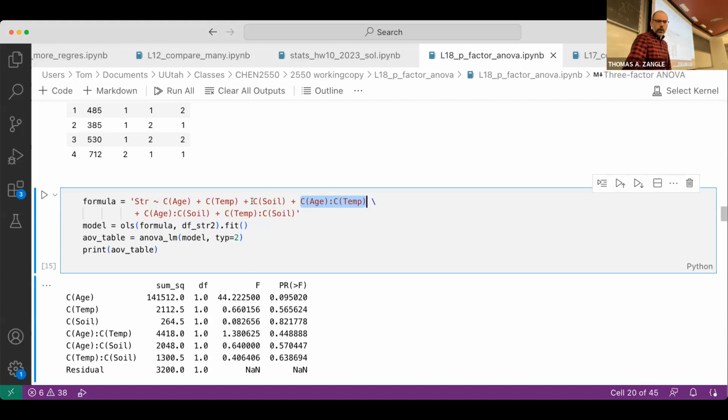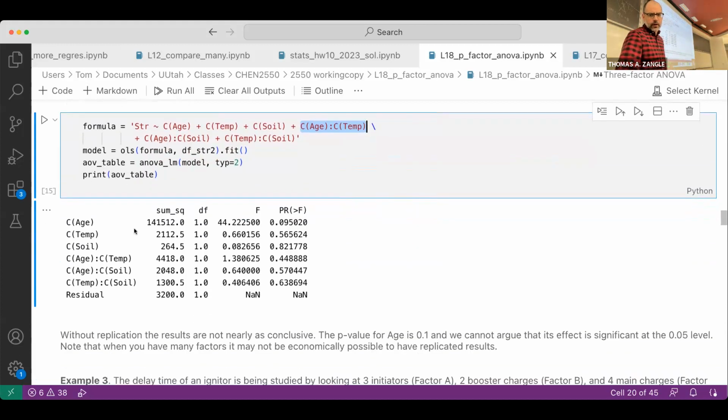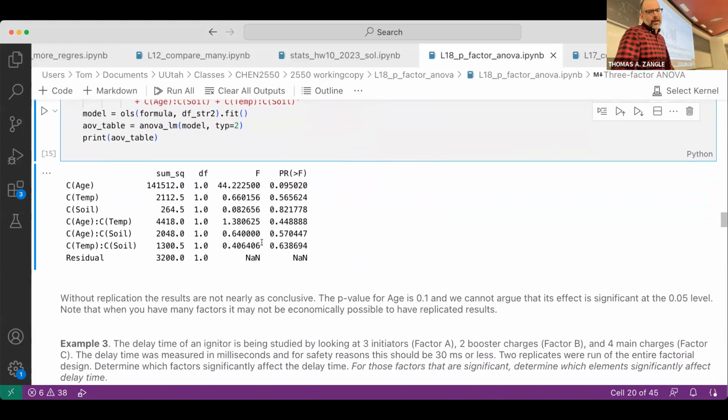And so when we run this ANOVA, this is our resulting table. In addition to noting that we don't have that bottom row that we had when we had replicates, you can also notice that without replicates, we basically didn't have as much statistical power to detect the impact of these different effects.